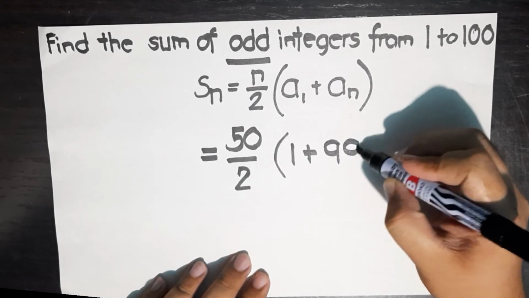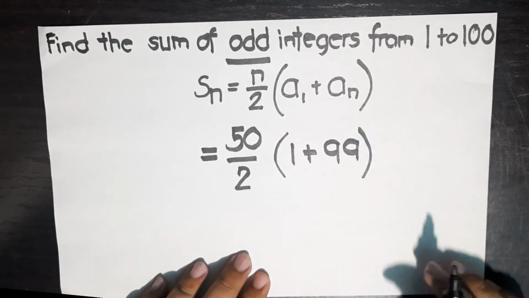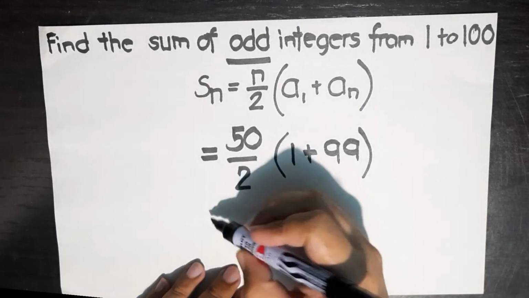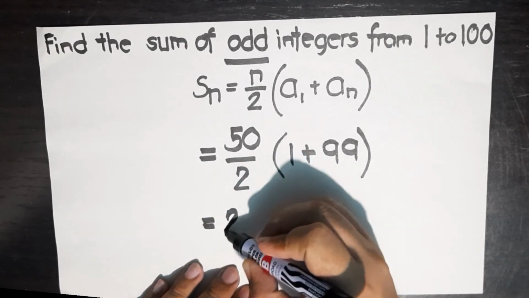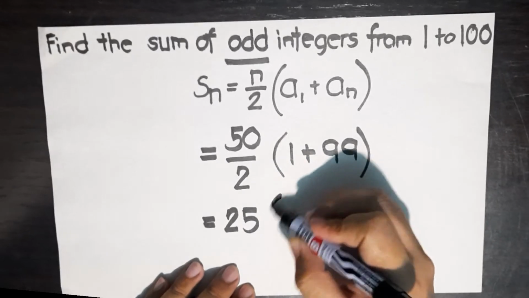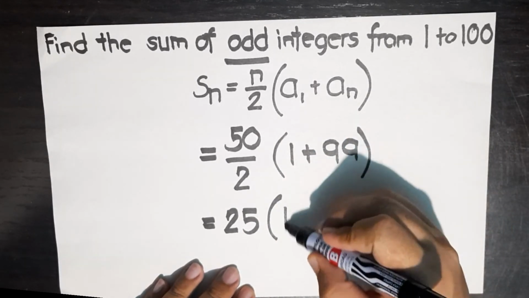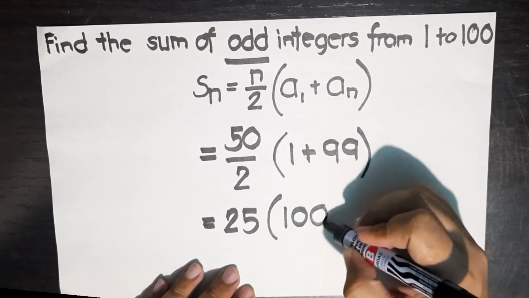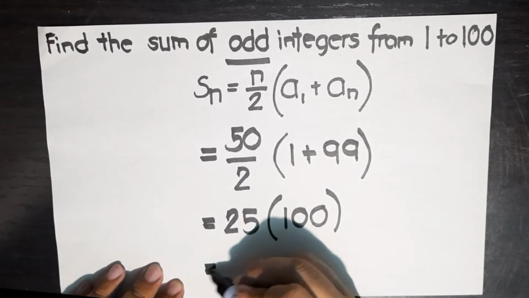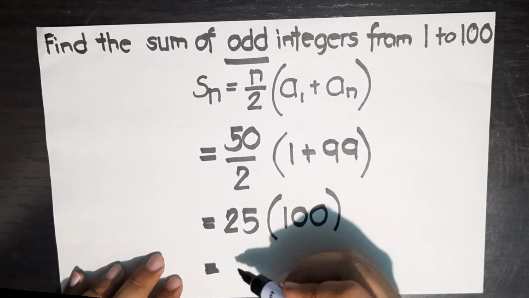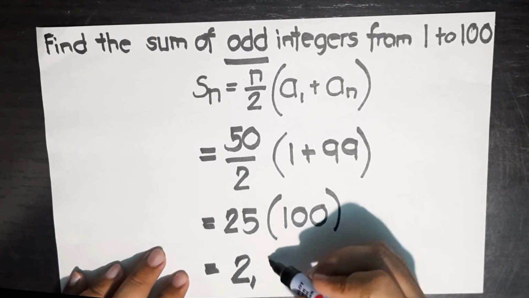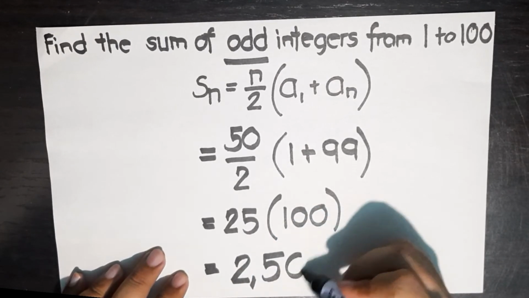Again, we cannot consider 100 because it is not an odd number. So 50 divided by 2 will give us 25, times 1 plus 99 will give us 100. So 25 times 100 gives us the final answer of 2,500.